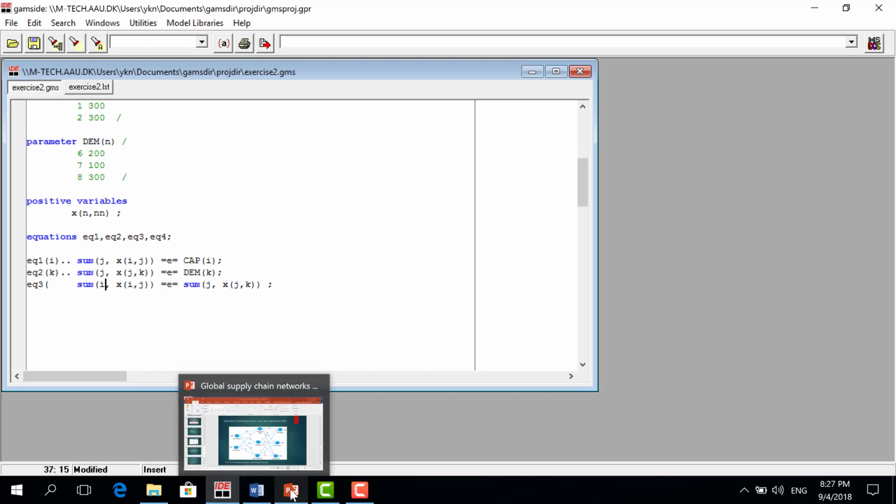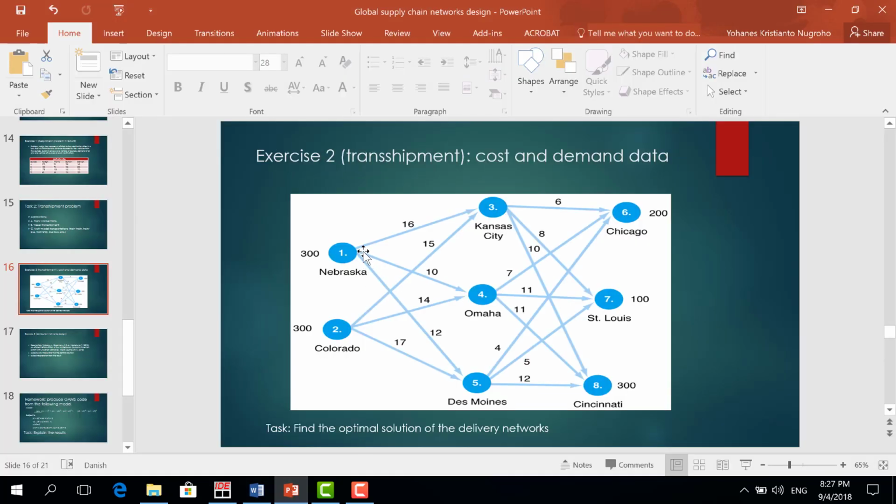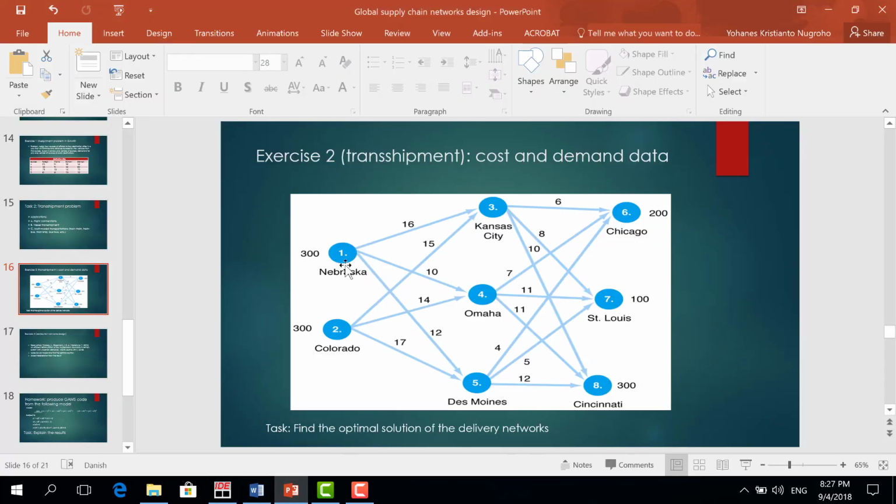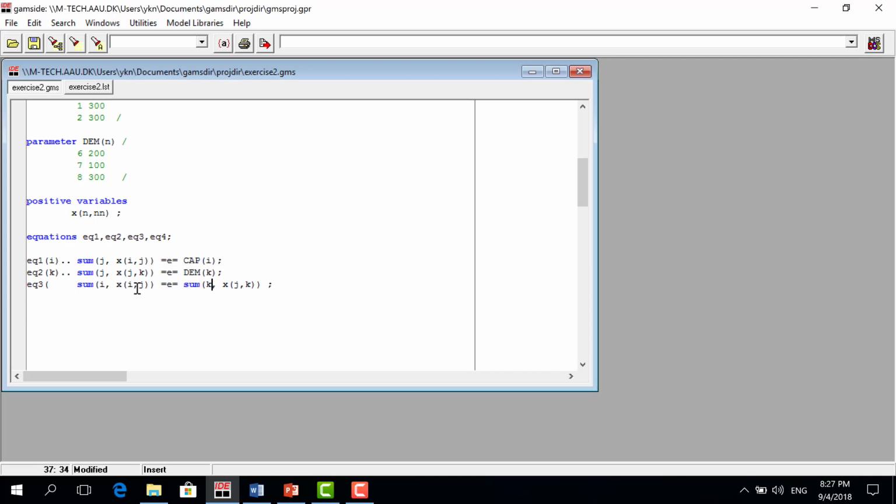Because now we have to compute the total delivery from I. That's why this sum over I, xij, should be the total receiving from k. So here we have k. So the total delivery from here should be equal to the total receiving to Chicago, St. Louis, and Cincinnati.